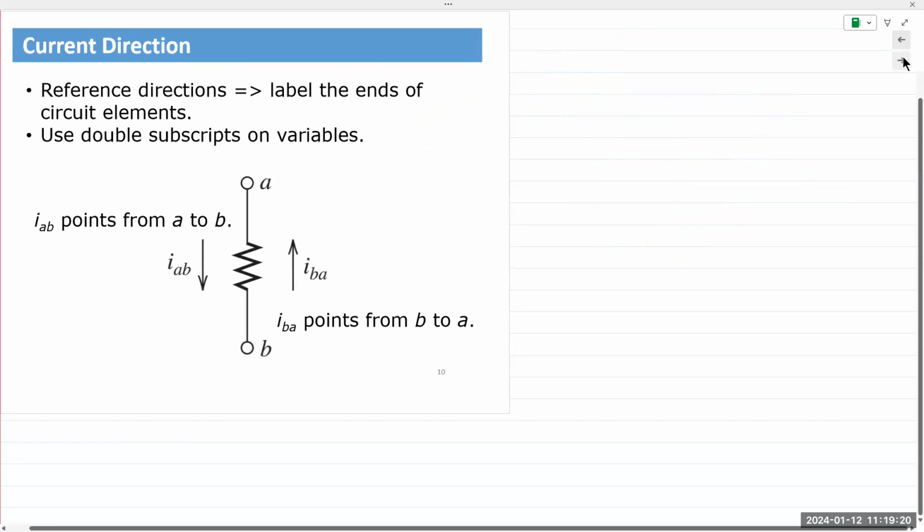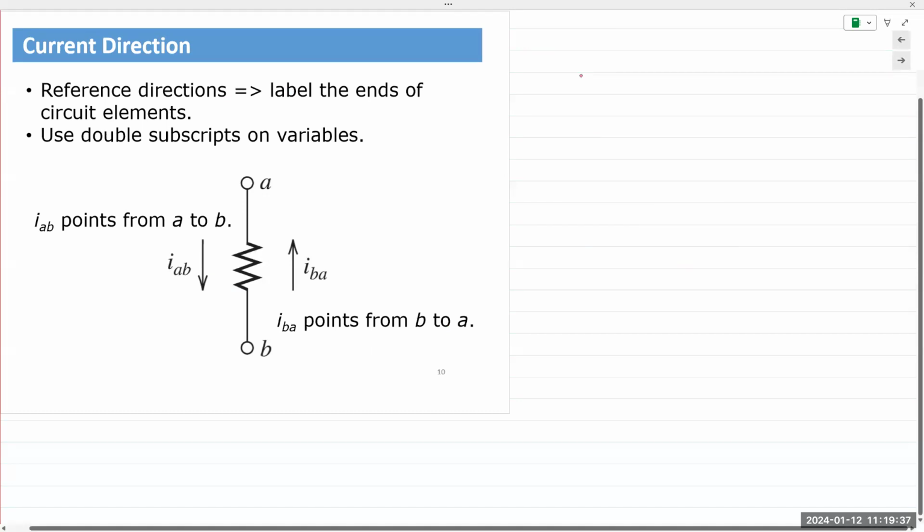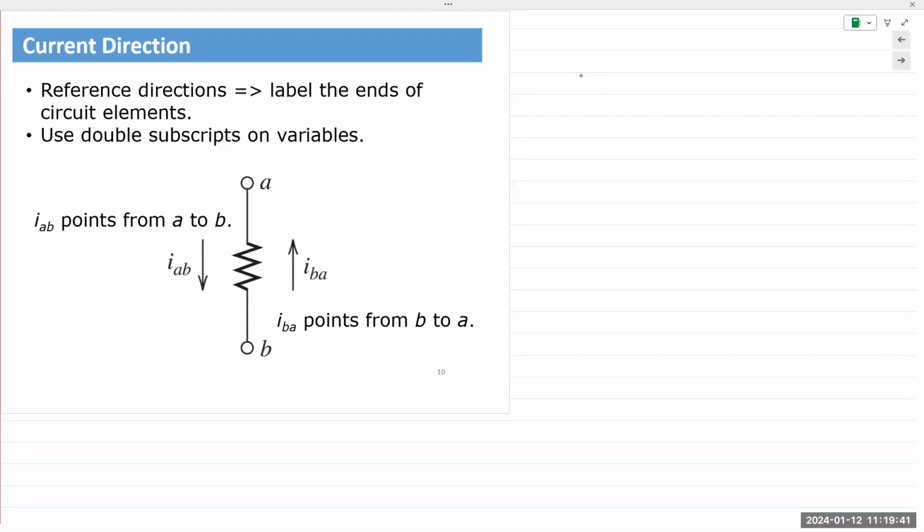All right, current direction. We use two subscript notations to note current and voltages, and for two terminal elements. All of the elements that we see in this class, resistors, capacitors, and inductors, they all have two terminals. So we refer to them as two terminal elements. They have two ends.